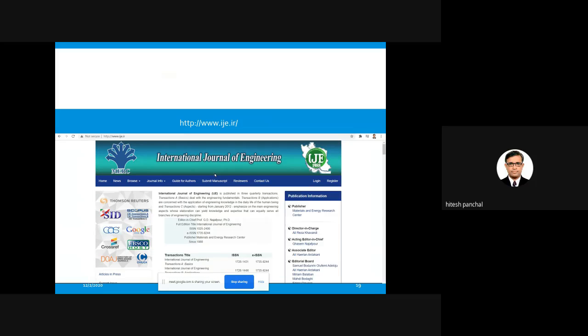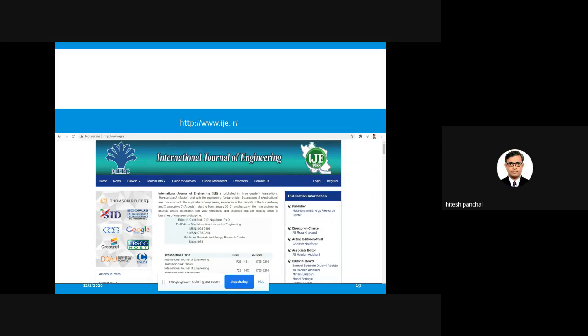The second journal is the International Journal of Engineering. Earlier, I have also worked with this journal and also JESTEC. This is not Scopus, it is now ESCI, because you can see Thomson Reuters, which means it is a Web of Science indexed journal. This journal takes around 2 to 3 months for the first revision.